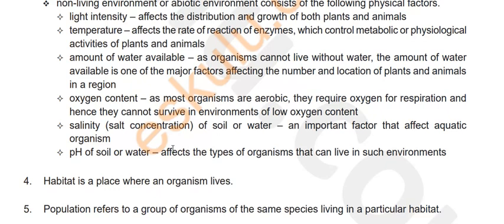From there, we have the amount of water available. The third factor is the amount of water available, as organisms cannot live without water. Now, can you get this? Light intensity is a non-living thing. Temperature is a non-living thing.